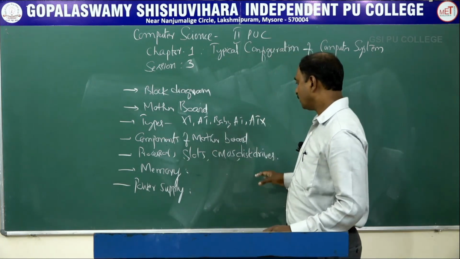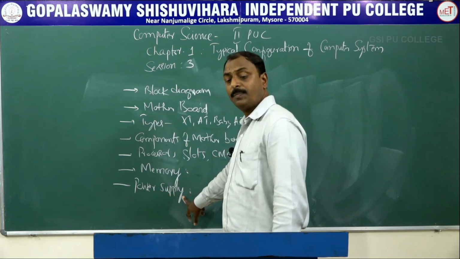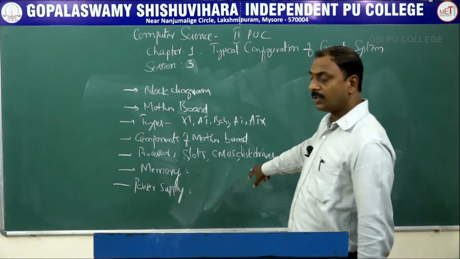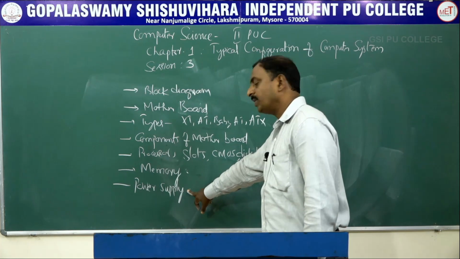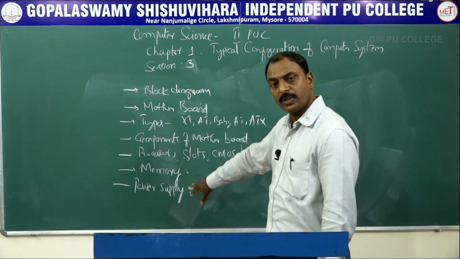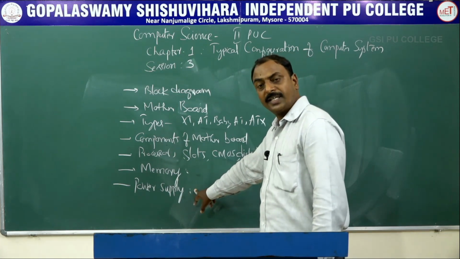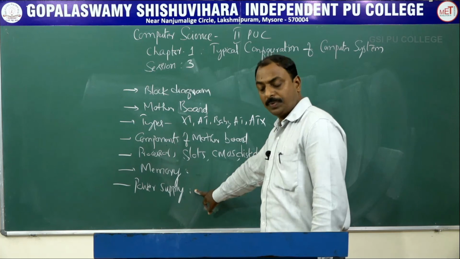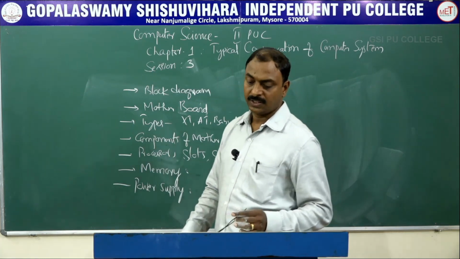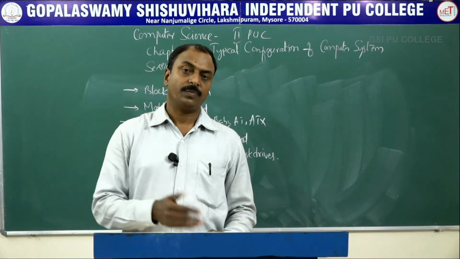Next we discussed power supply. This is the main thing, because if we want a computer to work properly, we need a continuous power supply. There are two types of power supply here: one is SMPS and the second is UPS. SMPS is a switch mode power supply which provides continuous supply to the computer system.